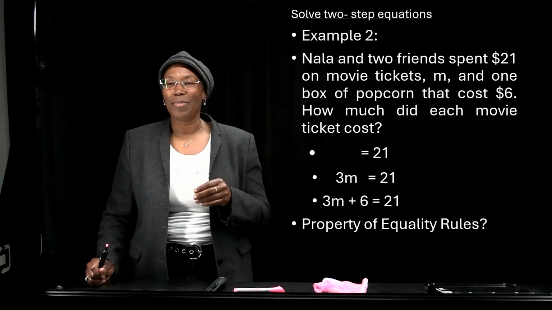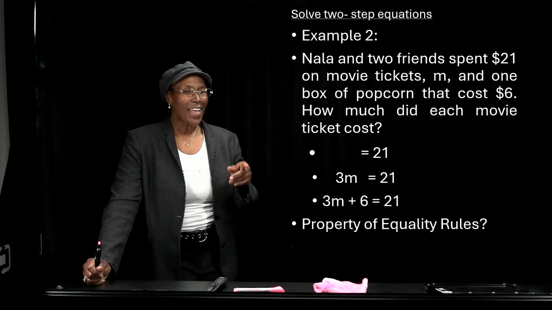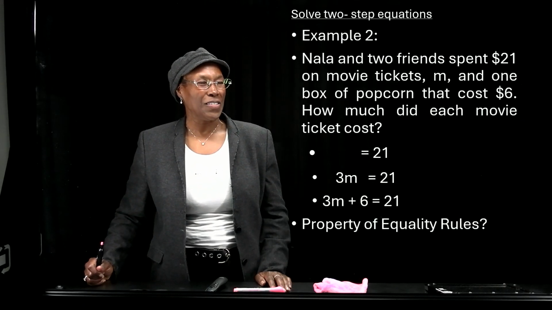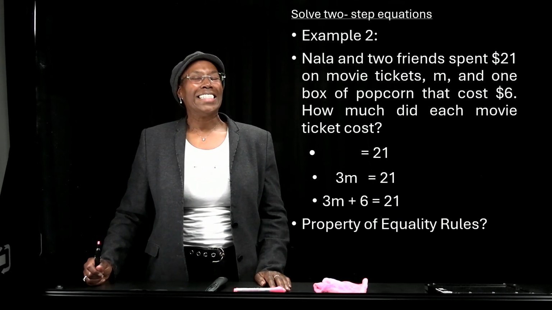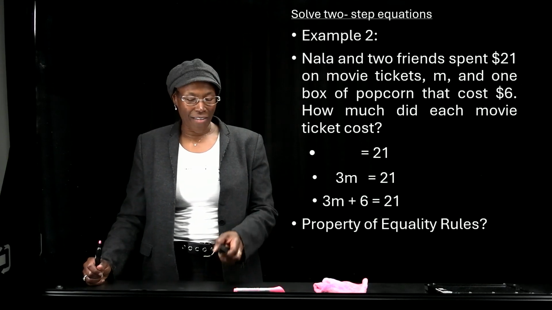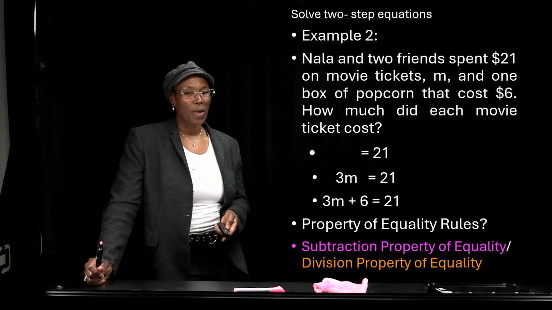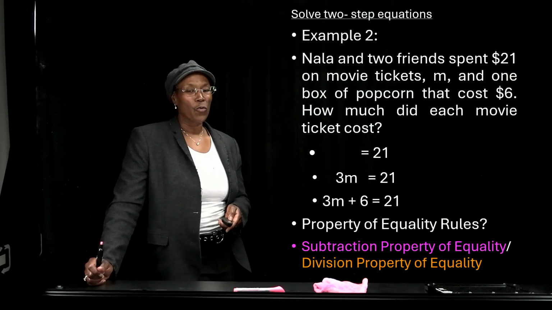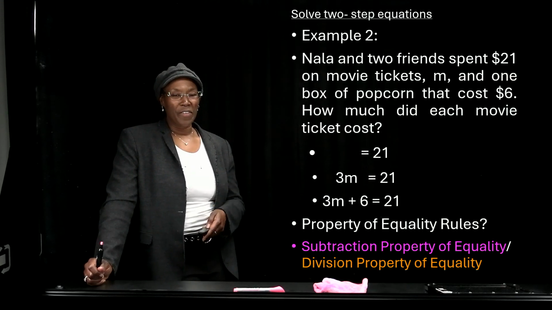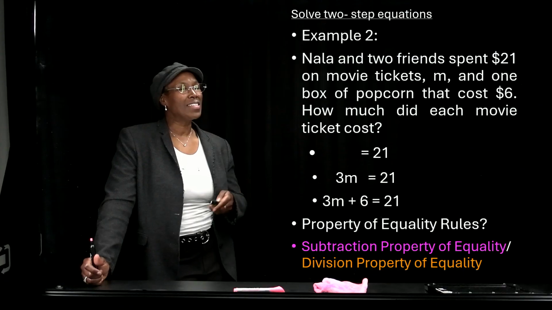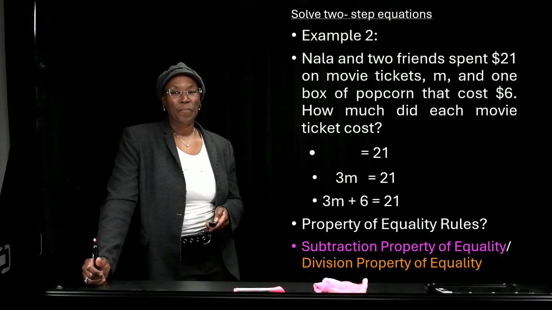So another team. Okay, Team Juby and Sarah, what do you say? That is correct. Very good. Good job. We have to first apply the subtraction property of equality rule, followed by the division property of equality rule, based off of our two goals.